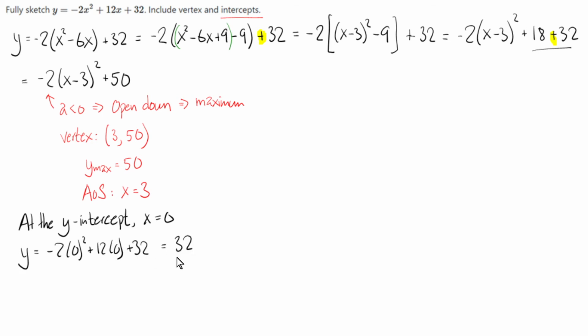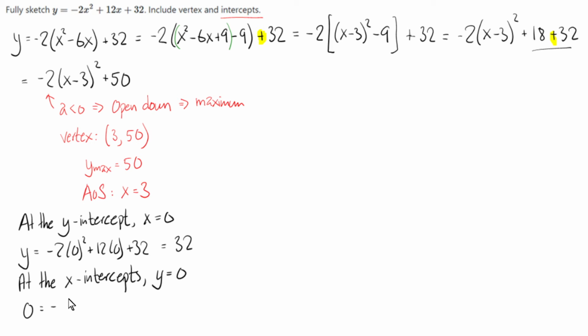So our y-intercept is 32. And then we need to find the x-intercepts. At the x-intercepts, there will be 2 here. y equals 0. So we do a similar thing as when we found the y-intercept, but this time we set y to 0.